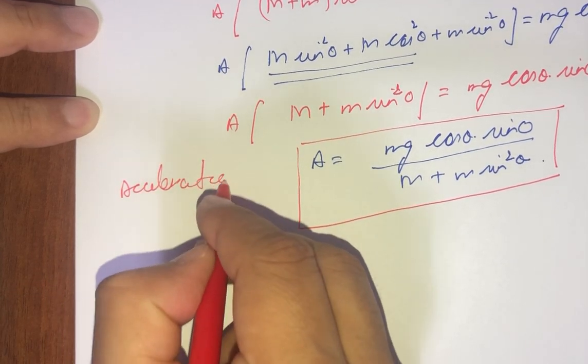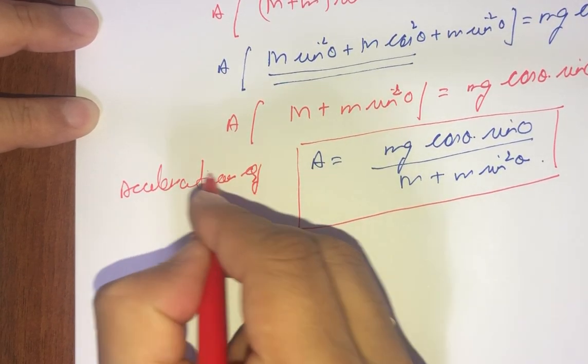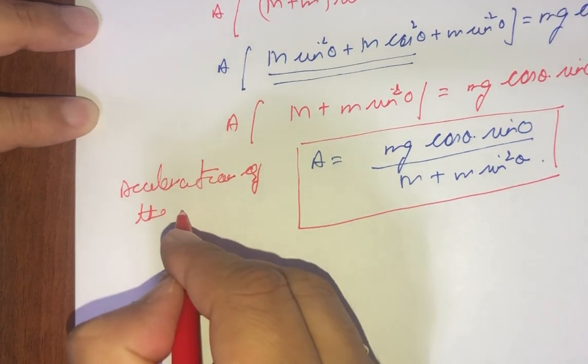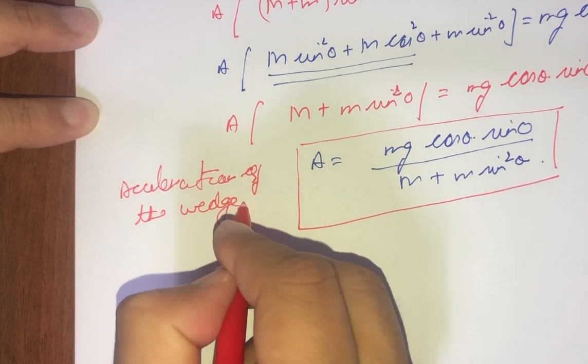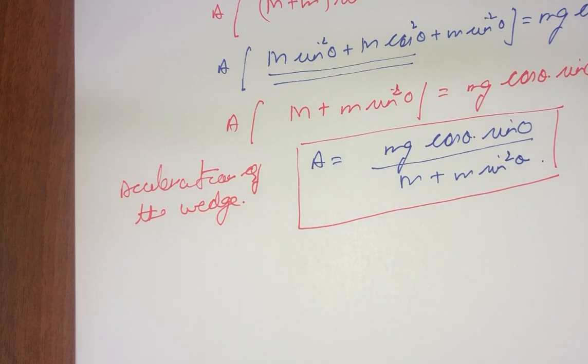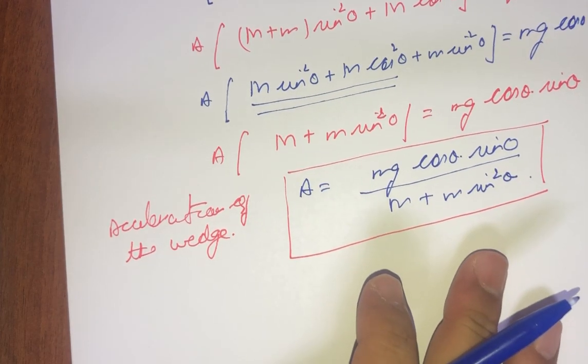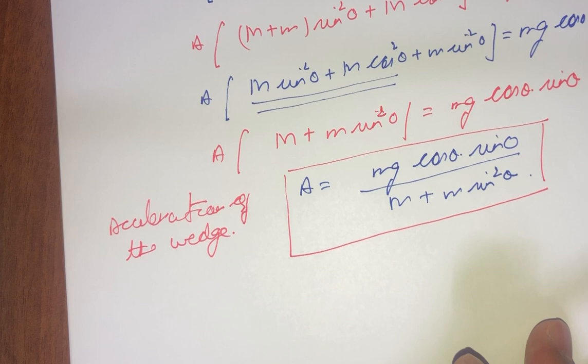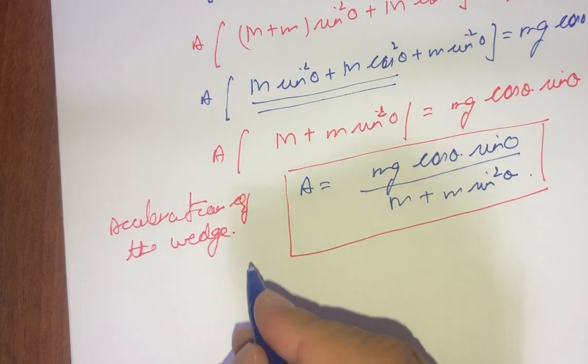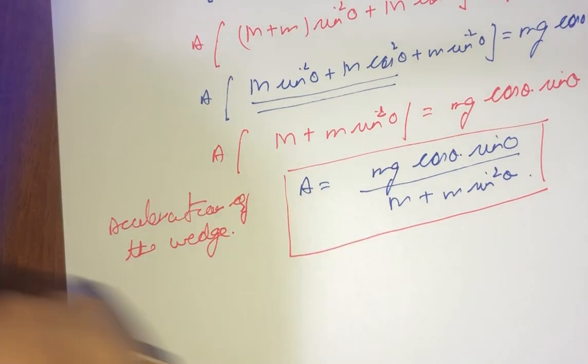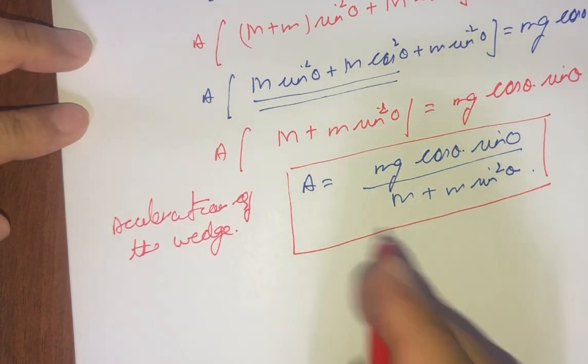Now we are going to find out the acceleration of the block having mass small m. So we are going to use equation number 4.